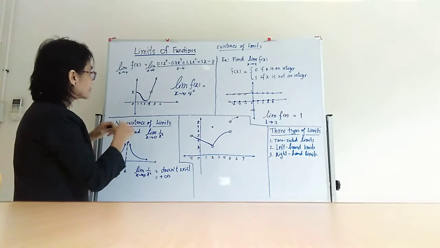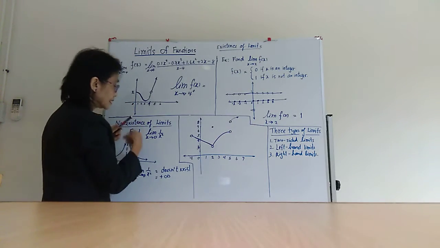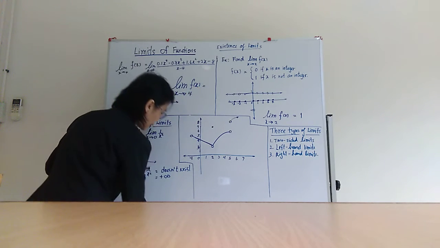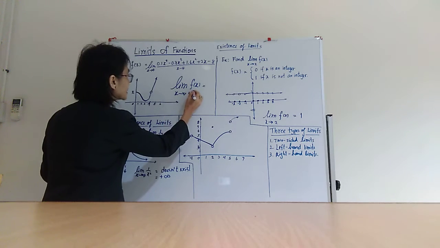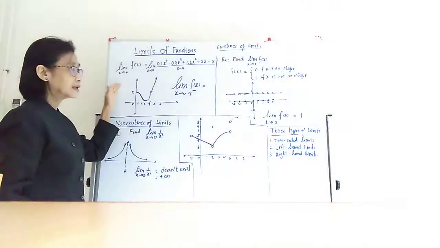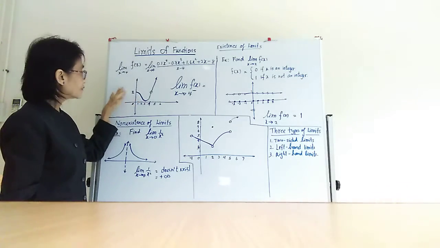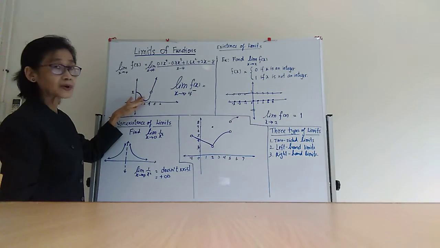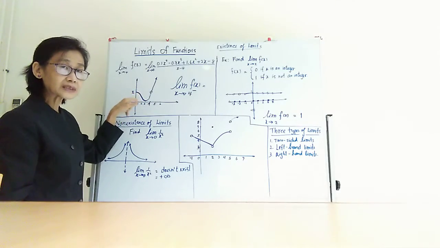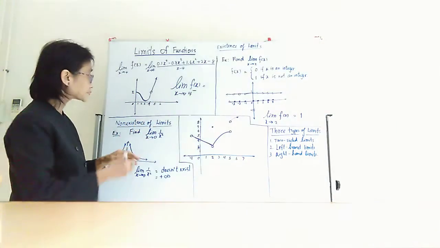At the same time, if you say limit of function of x when x equals 4 negative, if you have the negative side, then you approach from the left-hand side, the left-hand limit, from this graph, closer like 3.9, 3.99, and 3.9999. We just learned all the examples.